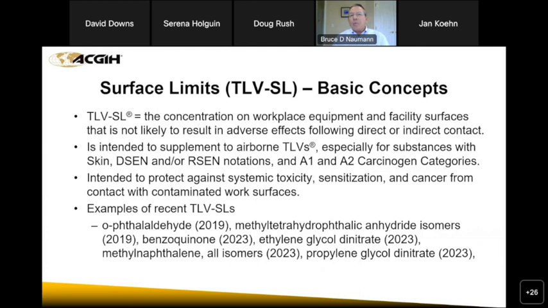And I mentioned A1 and A2 carcinogens because the footnote in Appendix A in the TLV book speaks to the need to control exposures by all routes for A1 and A2 carcinogens. So they're intended to protect against systemic toxicity, sensitization, and cancer. And we're just getting started. We've only set limits for a handful of compounds here. I'm going to use one or two of these as examples to illustrate how that can be done.